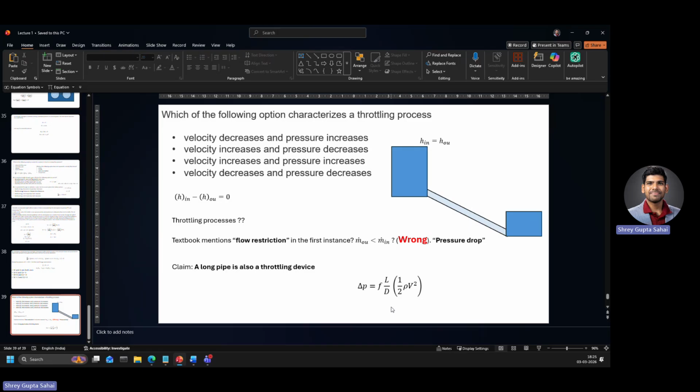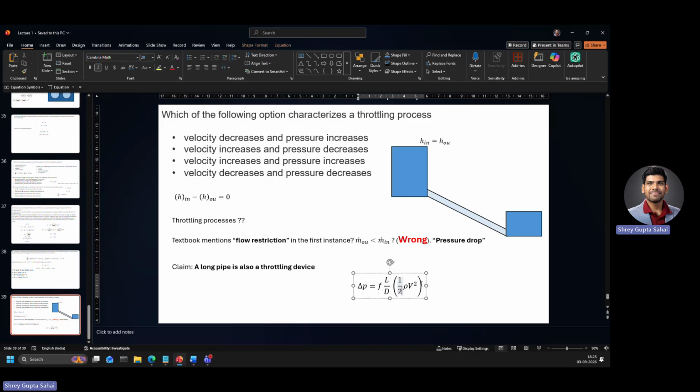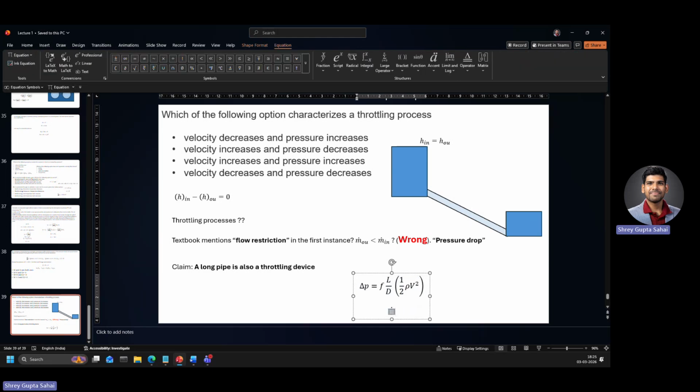Now I can convert this and write this thing as rho A V. If I know the pipe cross-section area, then I can write velocity in terms of flow rate and cross-section area. So V becomes m dot by rho A.